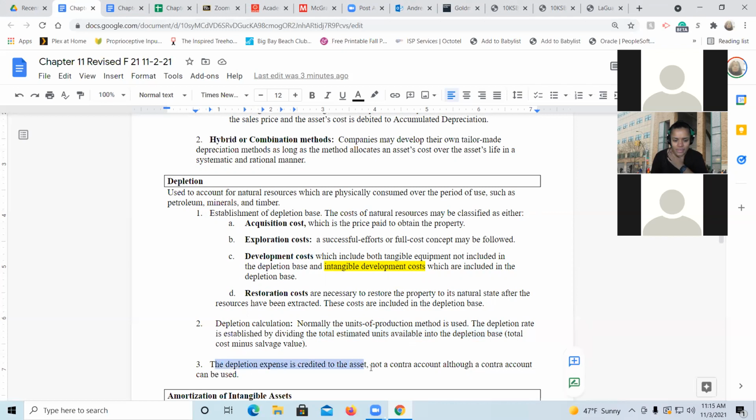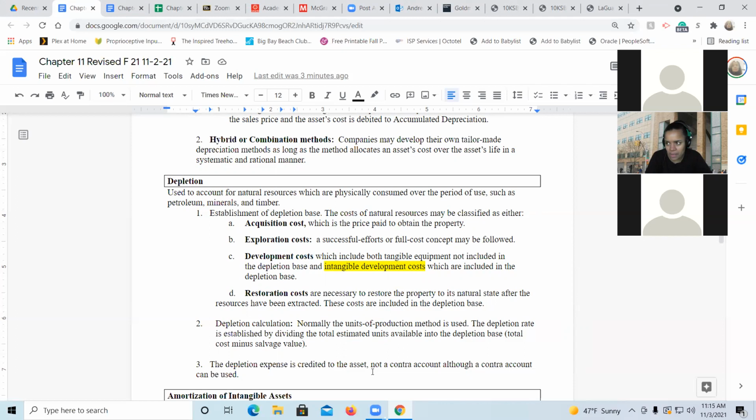And then here's where things get a little bit weird. The depletion expense is often credited to the asset itself. This also happens with intangibles, I guess, because GAAP understands that the asset is actually being used up. It's different to a truck, right? When you depreciate a truck, the truck isn't going anywhere. The truck isn't disappearing over 5 years.